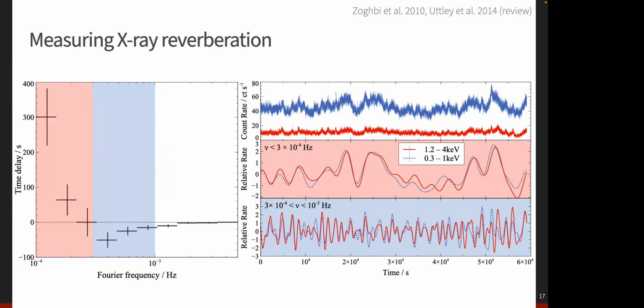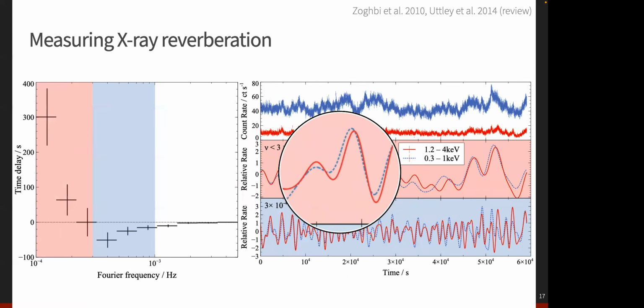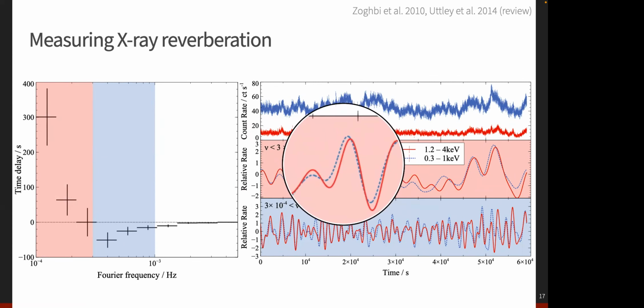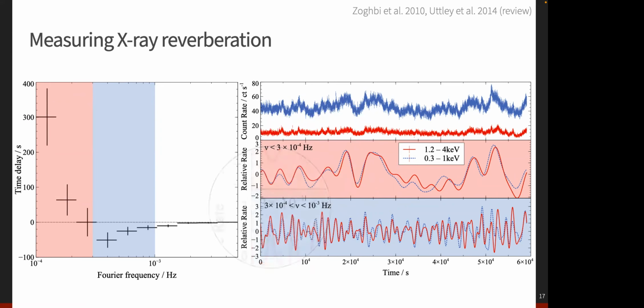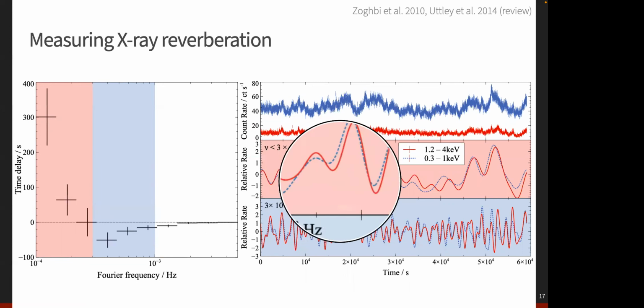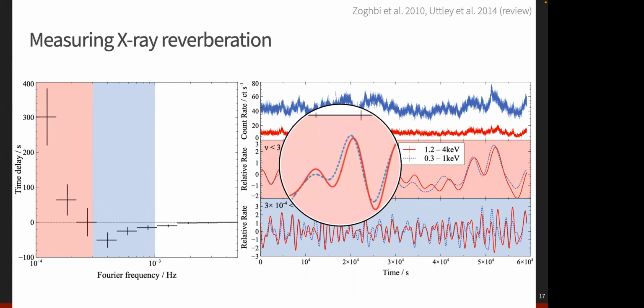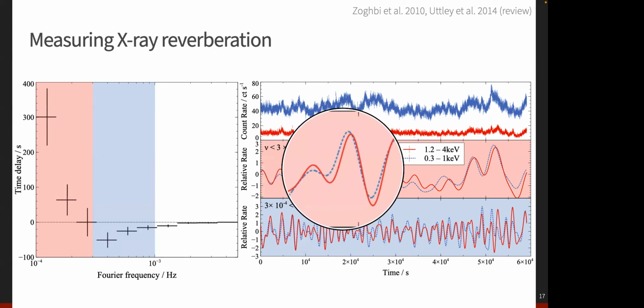Oh, yes. So in the middle panel, I think blue is lagging red. So most of the time, remember these are random variations. This isn't a sine wave. This is a random red noise light curve. Most of the time, the red is lagging the blue. You can see there the red peak is later than the blue peak.